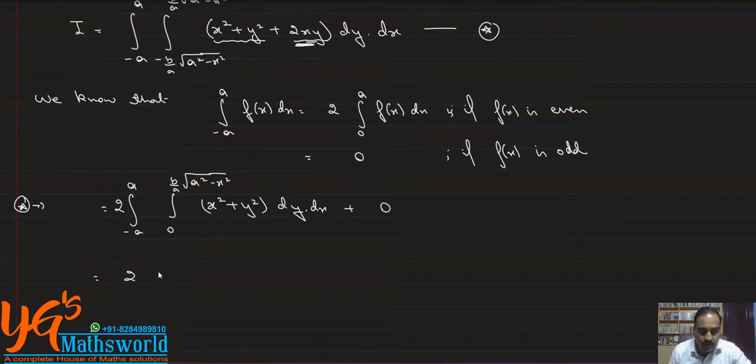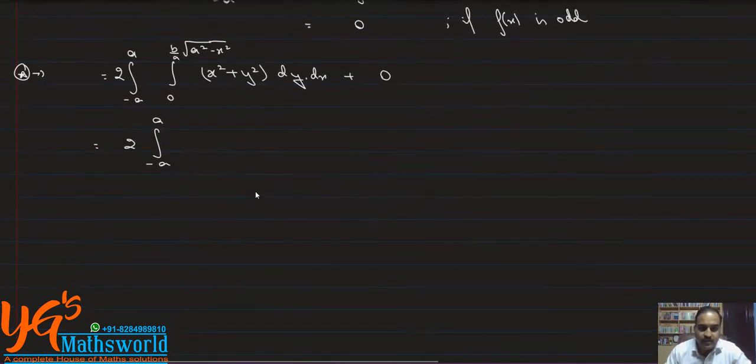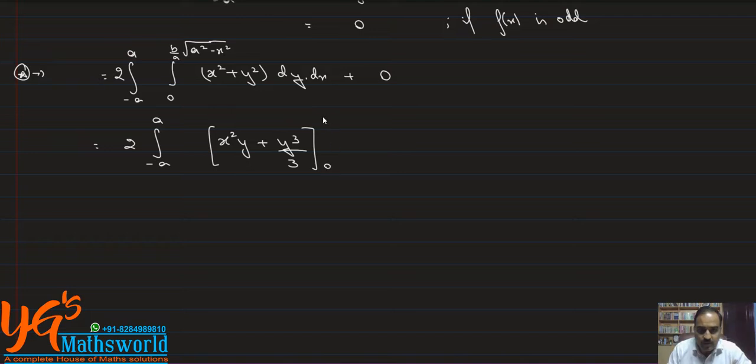So it will be 2 times the integral from minus a to a; now integrating with respect to y, x square will become x square y and y square will become y cube by 3, within the limits 0 to b upon a root of a square minus x square, into dx.